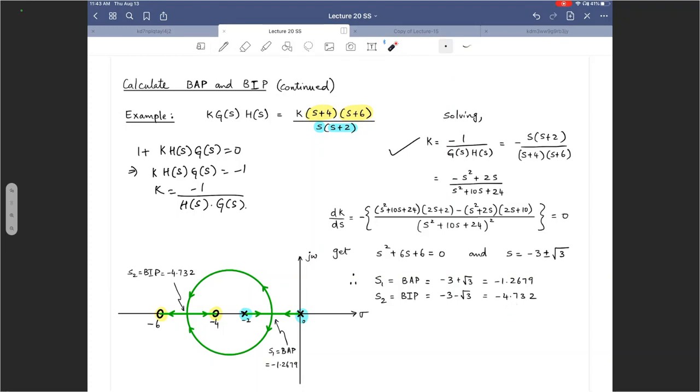Because I already know that the breakaway point has to be between negative 2 and 0, and the break-in point has to be between negative 4 and negative 6, I'm going to assign BAP to negative 1.26 and BIP to negative 4.7. That has to be done after you have figured out the range of values that could possibly map to BAP and BIP.